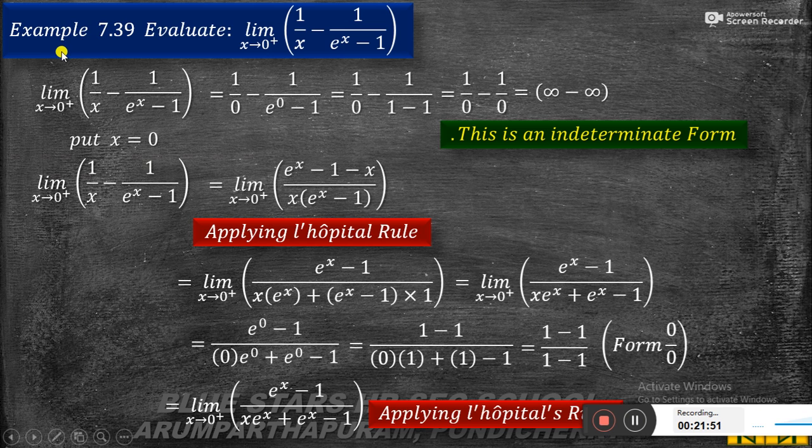Now we discuss example 7.39. Evaluate limit x tends to 0 plus 1 by x minus 1 by e power x minus 1. Now I write the given limit. x tends to 0 plus means I substitute x equal to 0, so 1 by 0 minus 1 by e power 0 minus 1. 1 by 0 is infinity, e power 0 is 1, so 1 by 1 minus 1, and 1 minus 1 is again 0, so 1 by 0 is infinity.